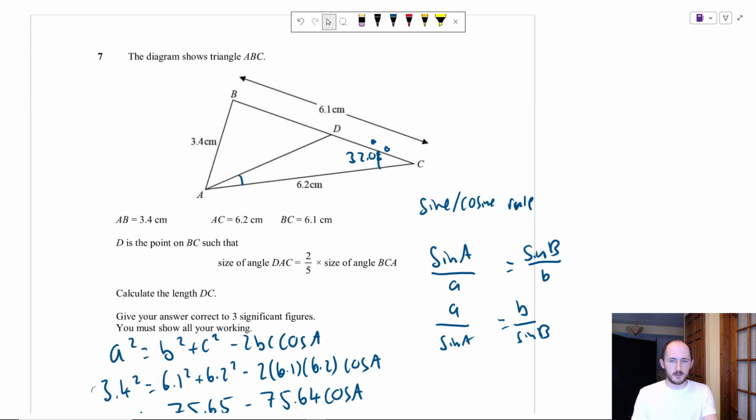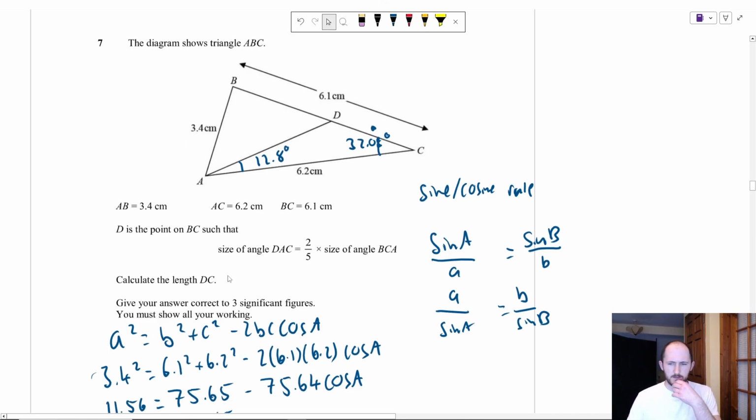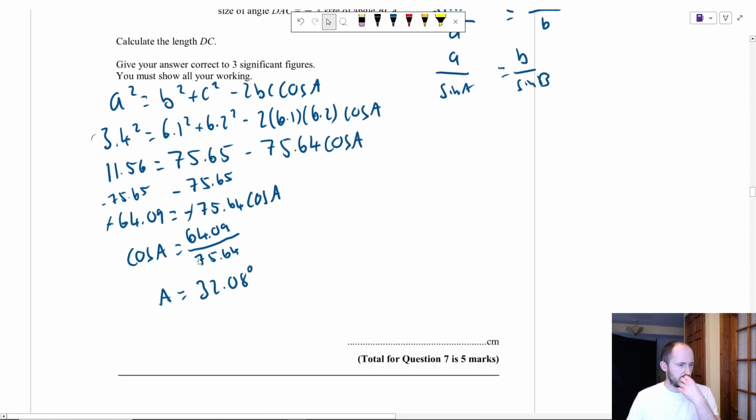That's 12.8 degrees. No, so don't forget I've subtracted the minus 75.65. They're very similar numbers, really similar, but they are different. I've moved this to the other side, so all that's left is this part on the end.